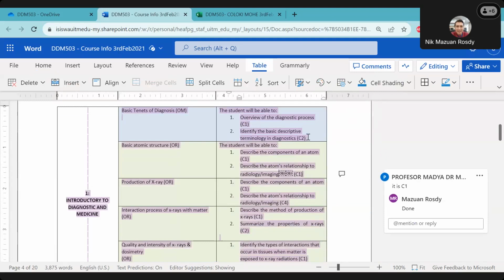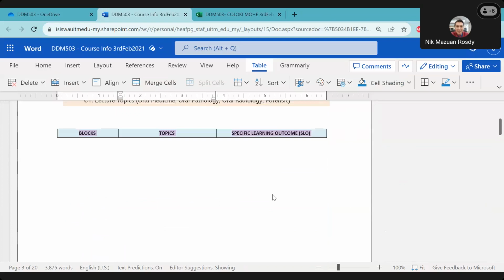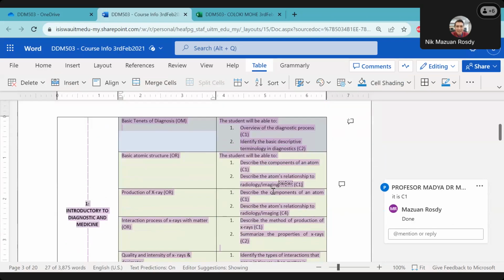During the accreditation, the lecturer should say that this SLO will be put on the first or second slide where they give the lecture, so the students know the SLO of each topic. We also give it in the handbook. So every topic should have SLOs.